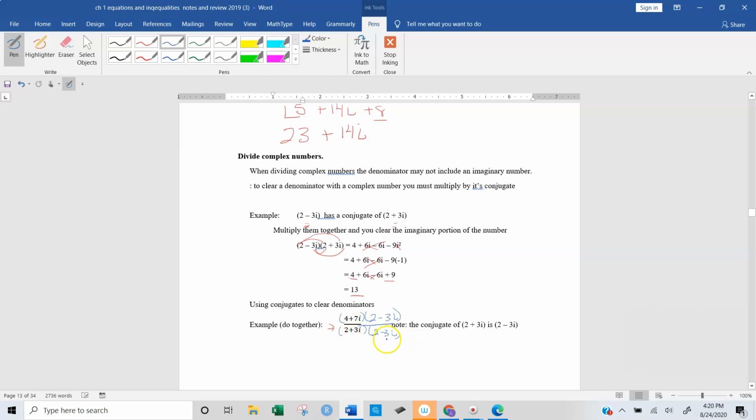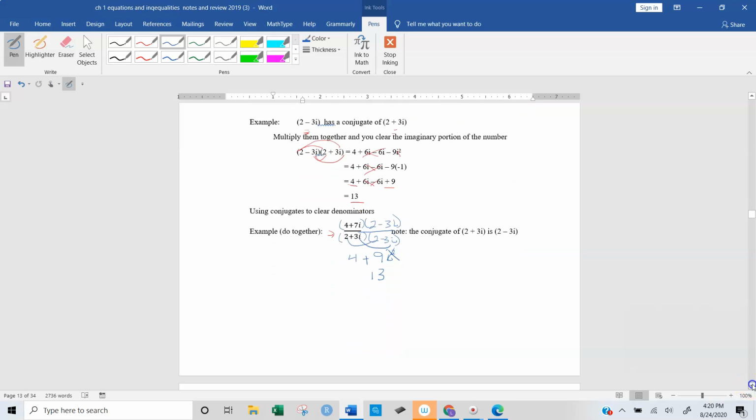I know this middle term is going to go away, so I don't have to do all that work. I can take the 2 times the 2, which is the 4, and the 3i times the negative 3i, which is minus 9i squared, but that i squared is going to cancel and change this sign to a positive. So I know my denominator is 13.